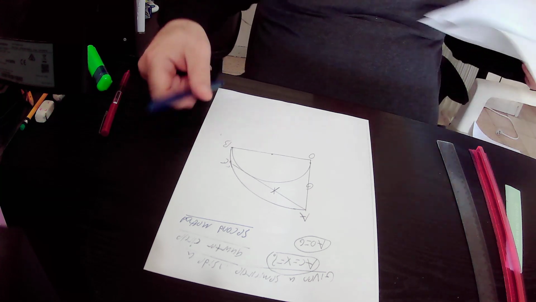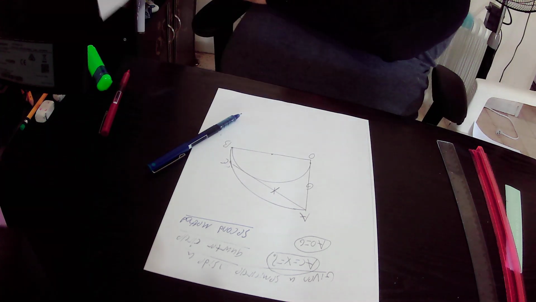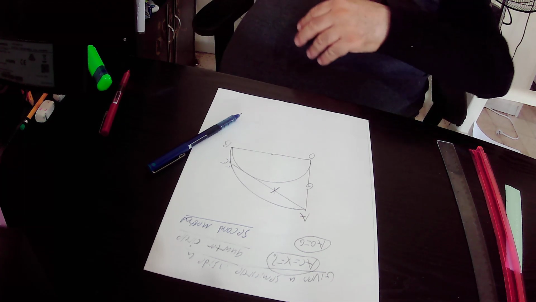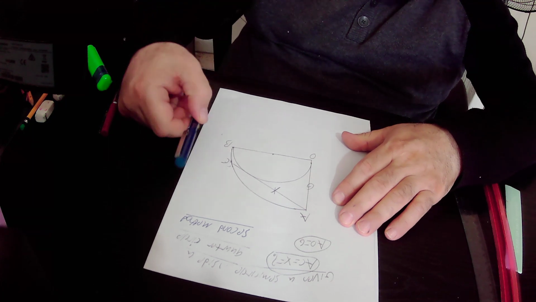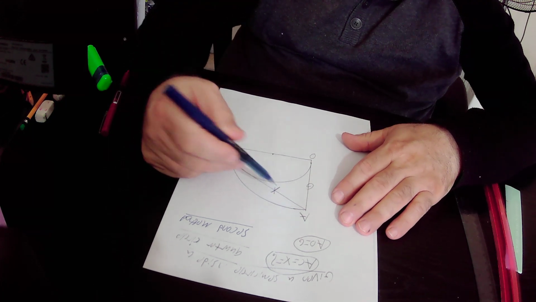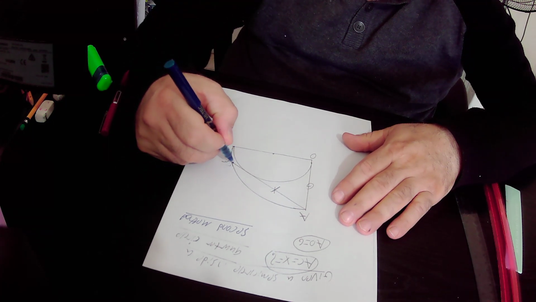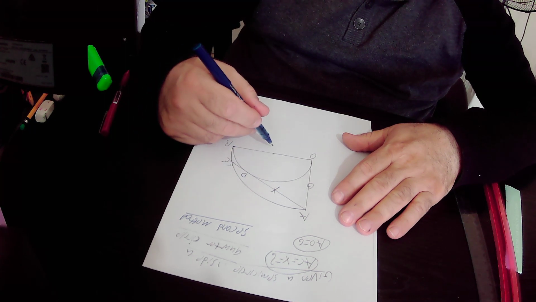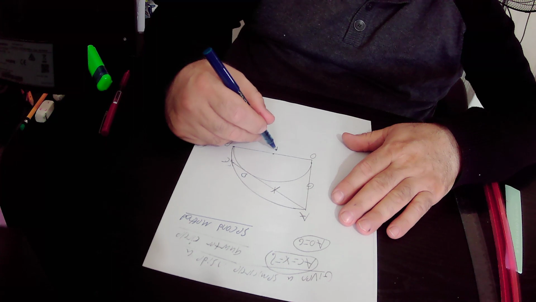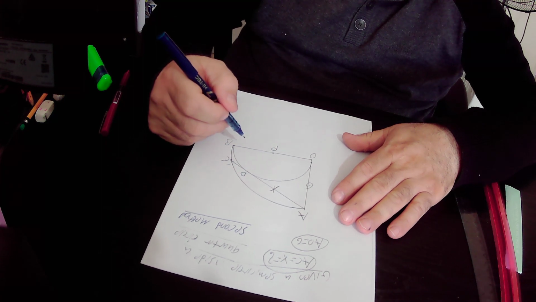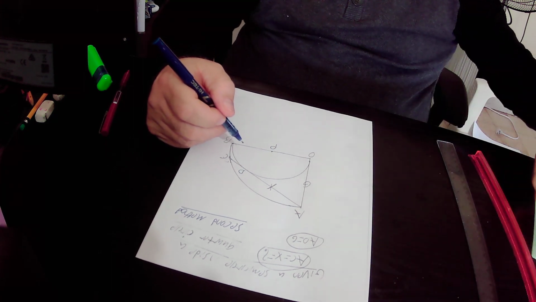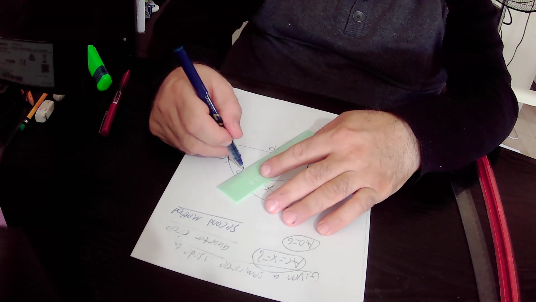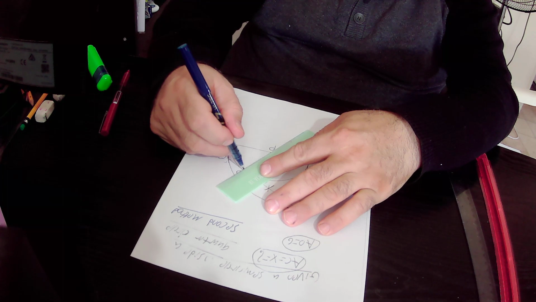Here the point of tangency of tangent AC with this semicircle is point D. The center of the semicircle is point P. PD is the radius of the semicircle that is equal to 3 units.